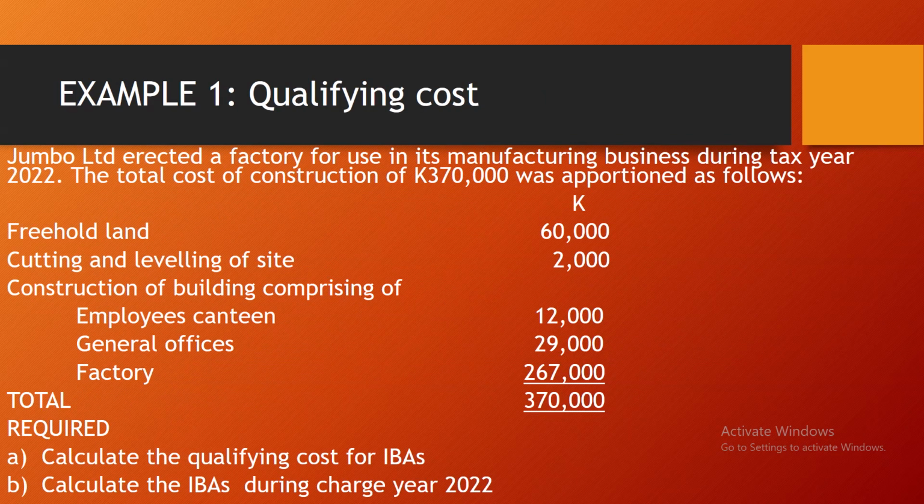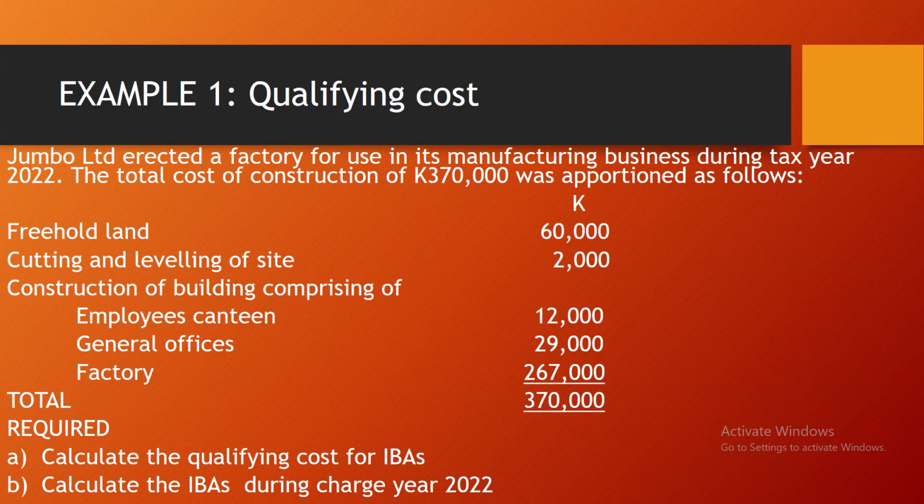Now let's look at an example so that we understand the points that have been belabored. So we have Jumbo Limited, which erected a factory for use in its manufacturing business during the tax year 2022.